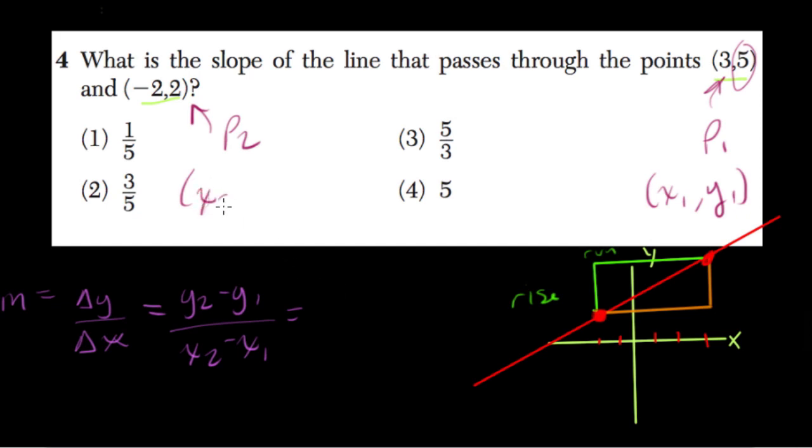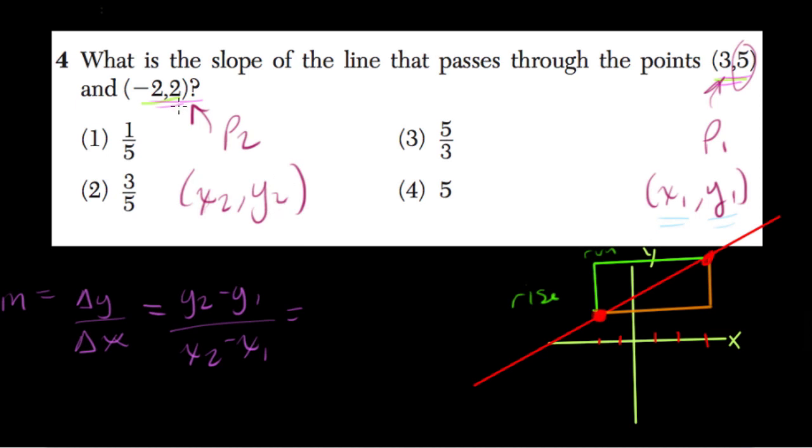This will help us understand how the formula is working. Once you've picked a point, you could have switched this around, making this point 1 and this point 2, and we will still get the same answer. But once you pick one of the points as point 1, make sure its corresponding x and y values are also x1 and y1. You don't want to flip back and forth there.